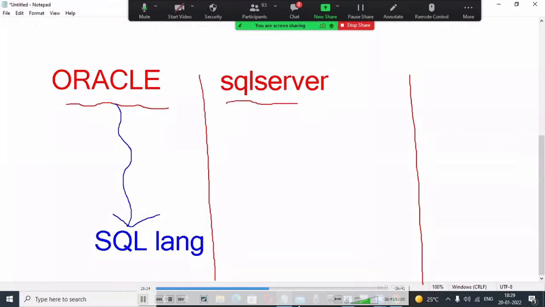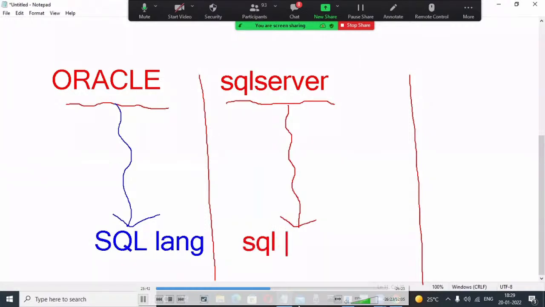Some employees are working on the SQL Server product. That is also a database product, the same as Oracle, but to operate SQL Server they use one language only. What is that language? SQL is a language.